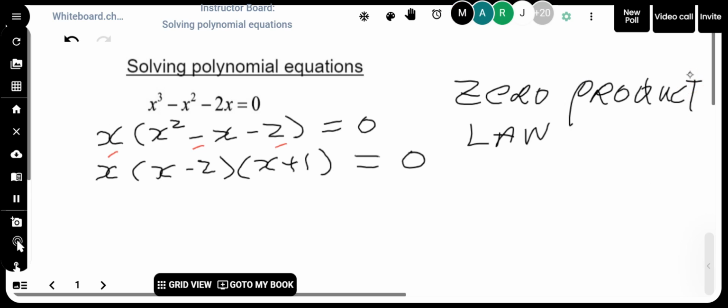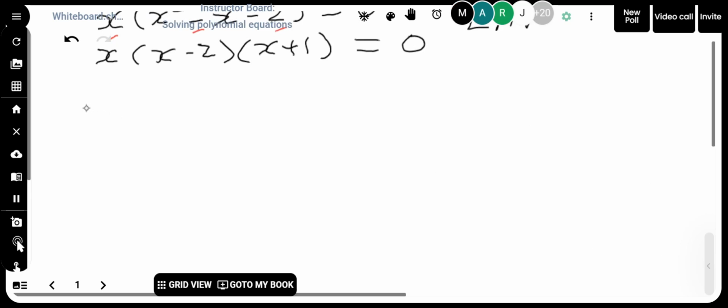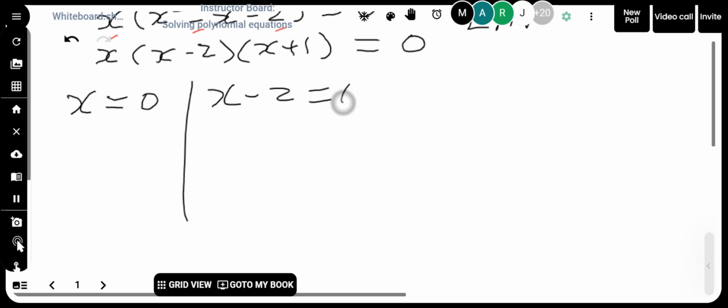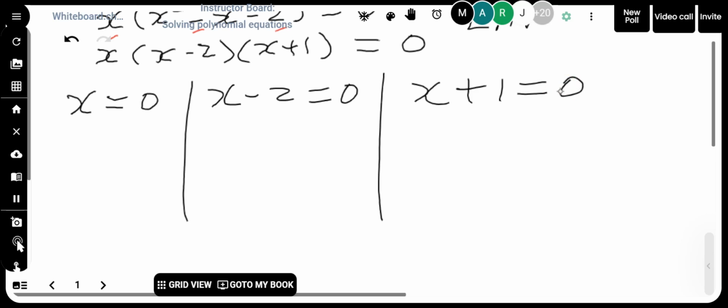So either the x is equal to 0, or the x minus 2 is equal to 0, or the x plus 1 is equal to 0. That's the only way to get 0 when you multiply 3 things.